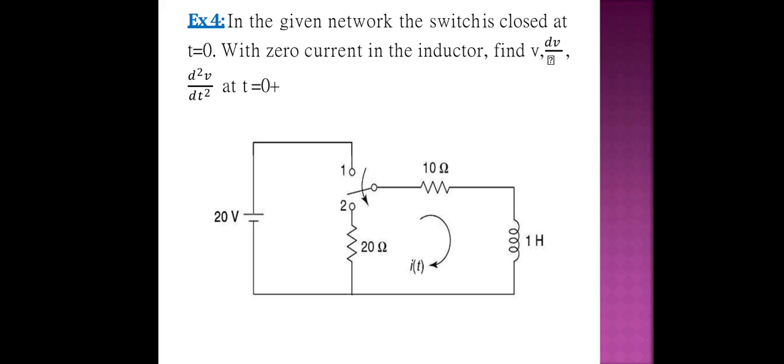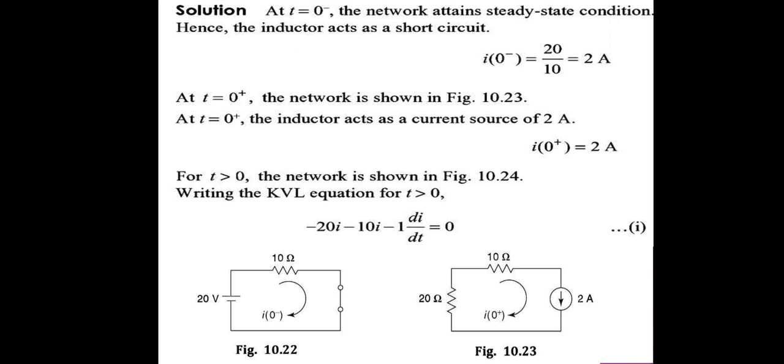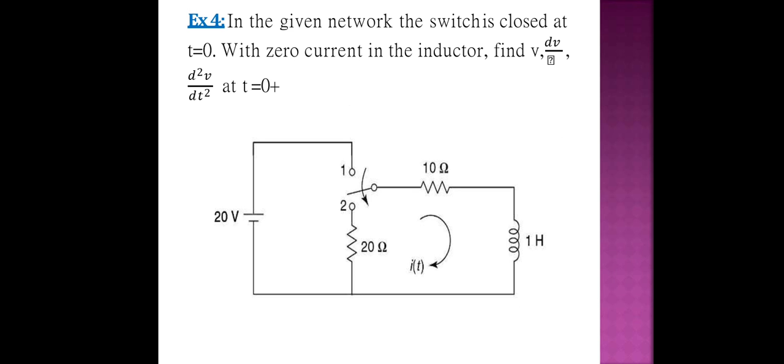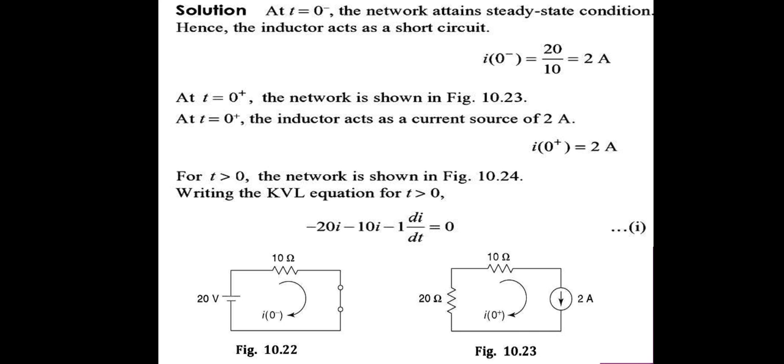So 20 by 10, therefore 2 amperes at t equal to 0 minus, the network shown in figure 10.22.